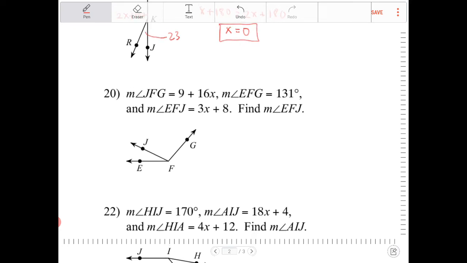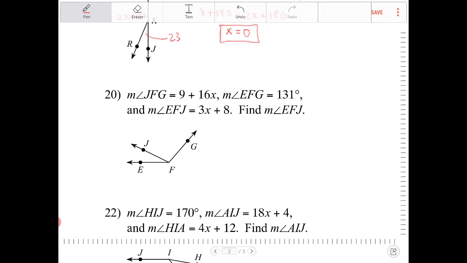Okay. Number 20, angle JFG is equal to 9. So I'll just write this out first. Angle EFJ plus angle JFG is equal to angle EFG. So EFJ is what I'm looking for.